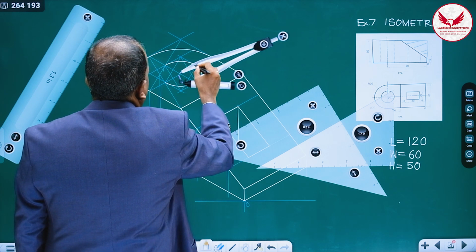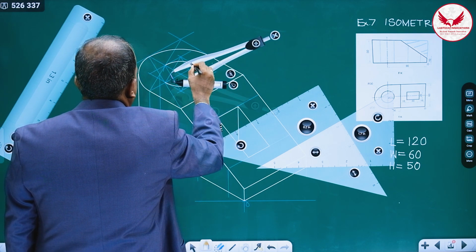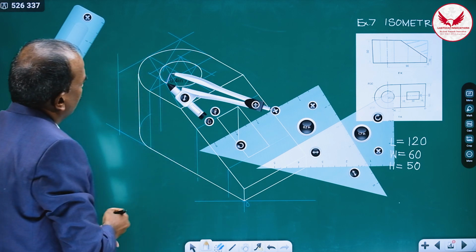Join this portion, and again the last center, this portion.